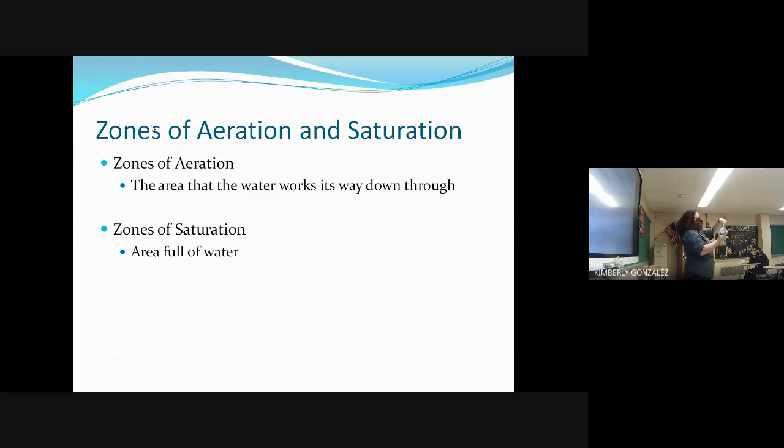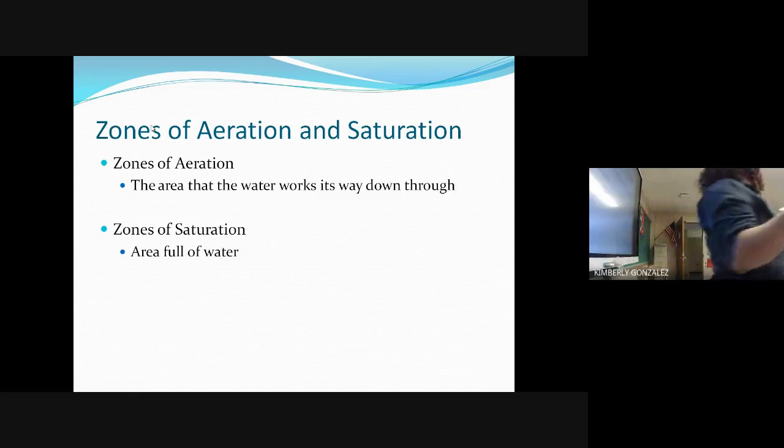The zone of aeration is on top, because water can actually infiltrate through this. The bottom part where there's water is the zone of saturation, so how much is already there. And that interface in between is known as the water table.